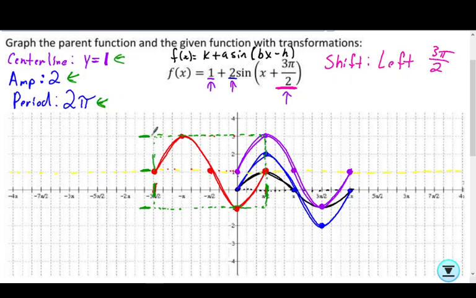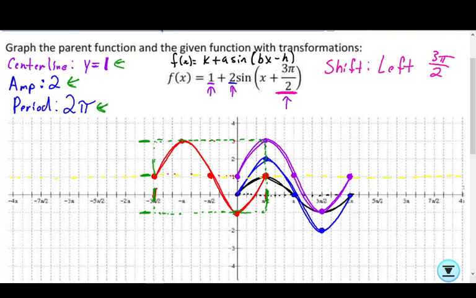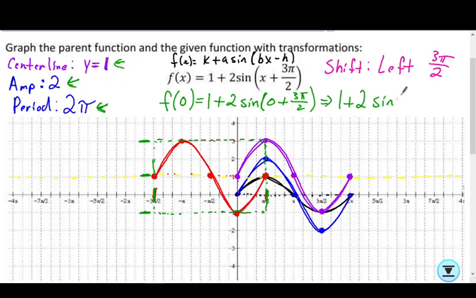Now, if you really know your unit circle, you could, of course, actually plug in a point. I always tell my students, check yourself. Pick a point and figure out if you're correct. So I'm going to plug in 0. So 1 plus 2 sine of 0 plus 3 pi over 2, which means this is 1 plus 2 and sine of 3 pi over 2.